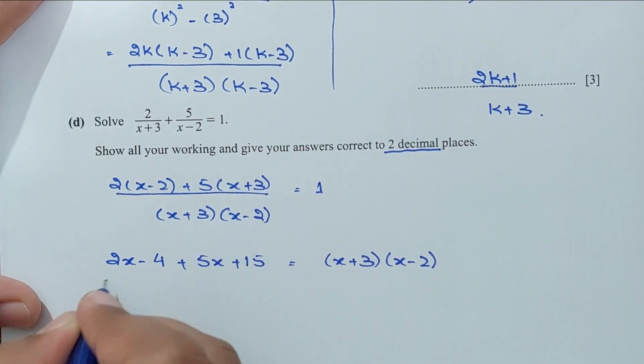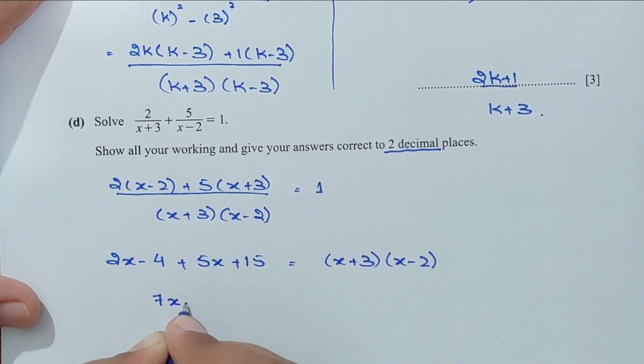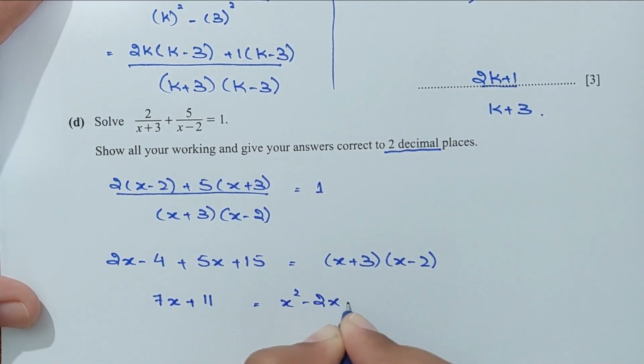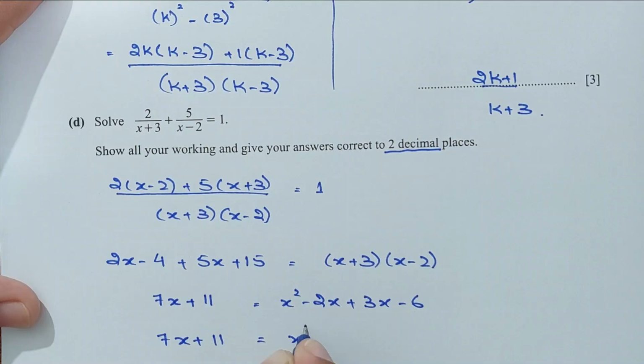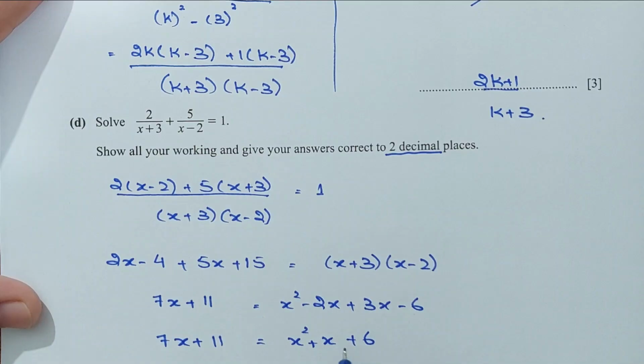So we have 7x and from 15 take away 4 is plus 11. And this is x square minus 2x plus 3x and minus 6. 7x plus 11 equals x square plus x minus 6. Sorry, it's plus x, because 3 is positive and it's negative 2, and minus 6. Alright.